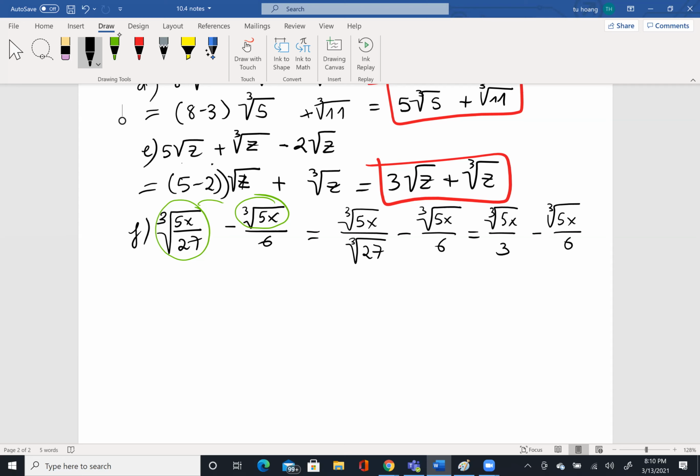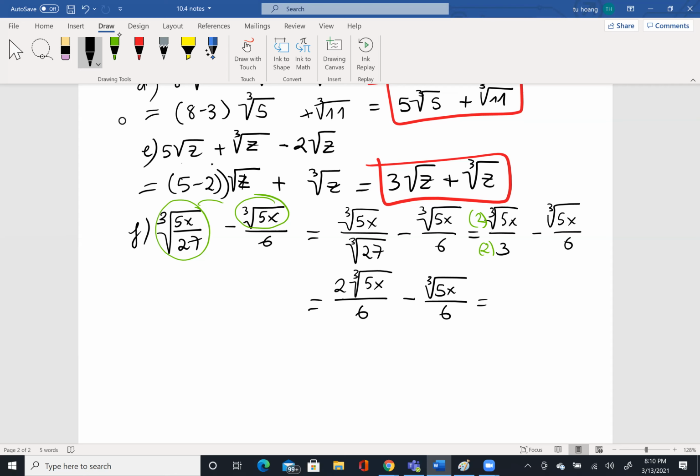Okay, so in order to subtract fractions, you must have the same denominator. So I'm gonna multiply by 2 for top and 2 for bottom to get 2 cube root of 5x divided by 6 and minus cube root of 5x divided by 6.